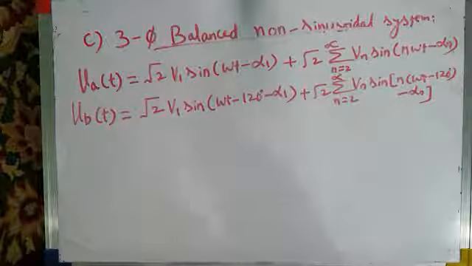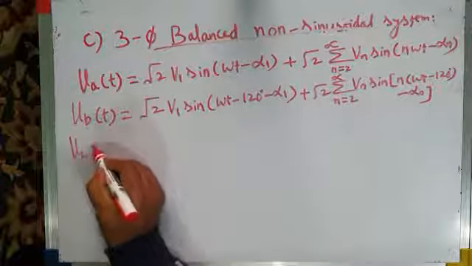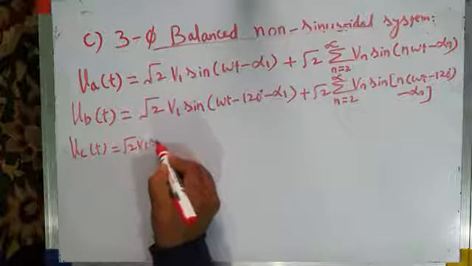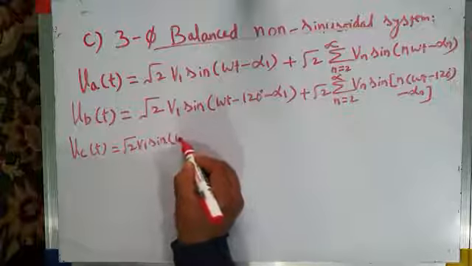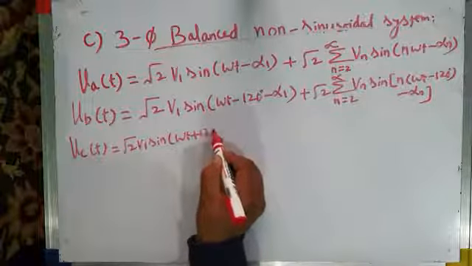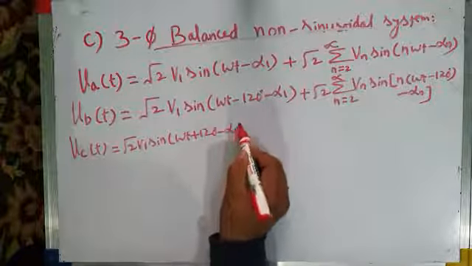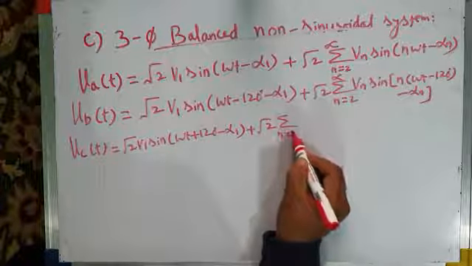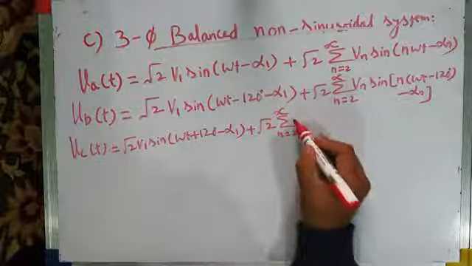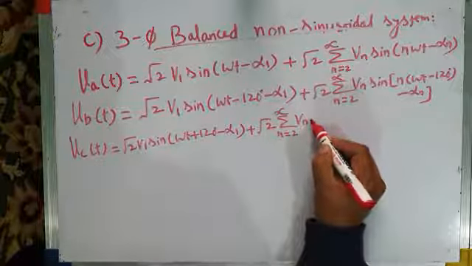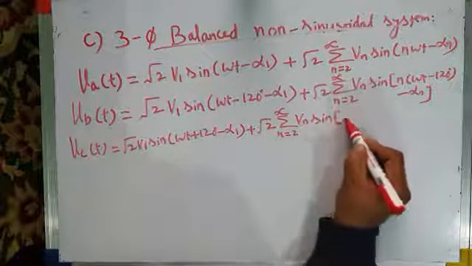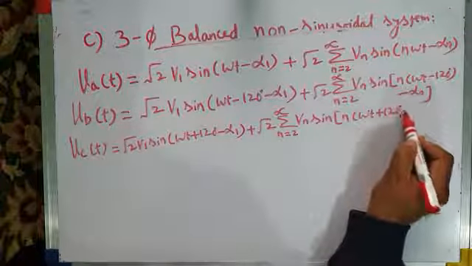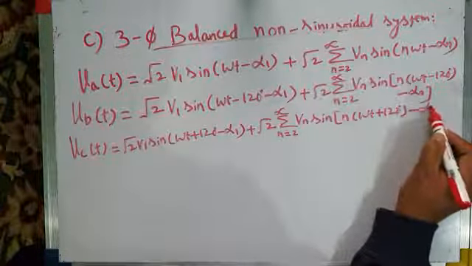And similarly phase C voltage vC(t) is given by root 2 V1 sine of (omega t plus 120 degrees minus alpha 1) plus root 2 times summation n equal to 2 to infinity, the summation of harmonics, Vn sine of (n times (omega t plus 120 degrees) minus alpha n).